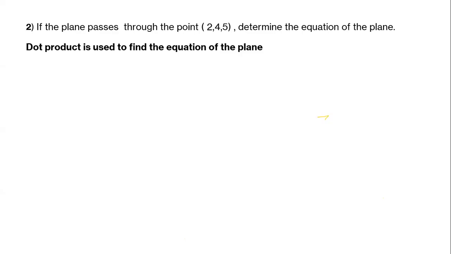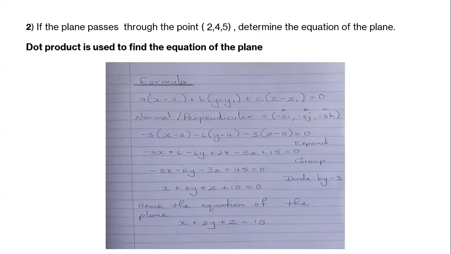If a plane passes through the point 2, 4, 5, determine the equation of the plane. So to find the equation of a plane, we will use the dot product. So we are finding the equation of the same plane in part 1.